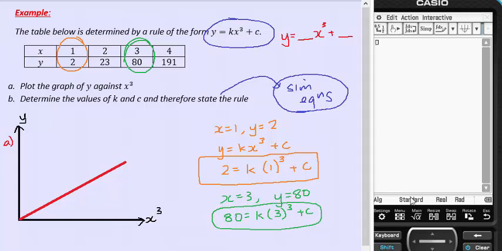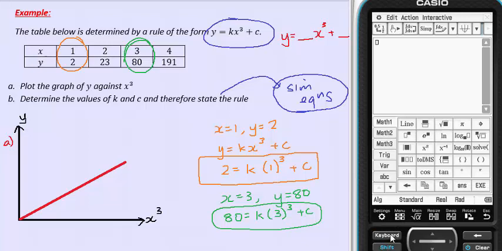Now what I'll do is I'll use my simultaneous equations function. So I'll go keyboard, and this little knob here is my simultaneous equations. So I'll click that, and I'll enter my two equations into my calculator. So I get 2 equals k times 1 cubed plus c.